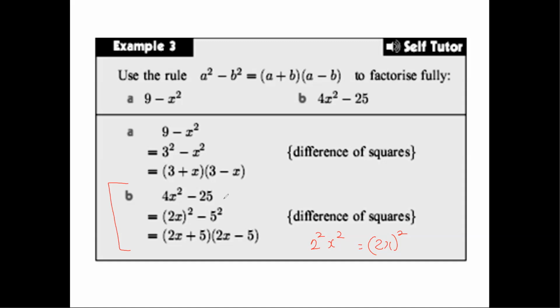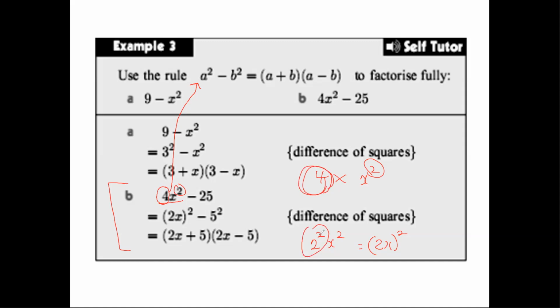Got it? Good. So let's go back to the B part, right? As we mentioned, this doesn't match that exactly, because this 4 isn't governed by this square. That means this 4 is multiplied by x squared. So this 4 isn't governed by that x, but we can write 4 as 2 squared.